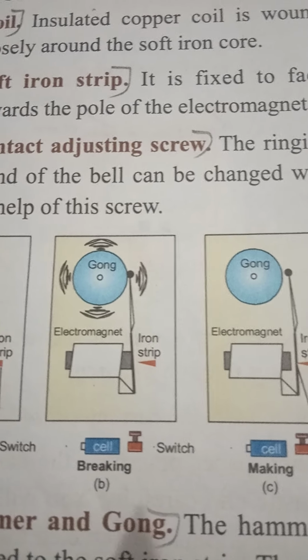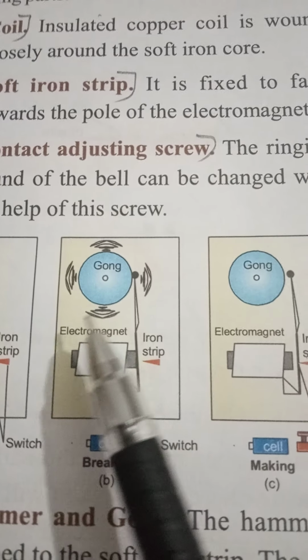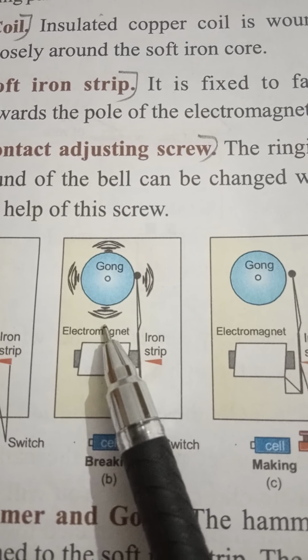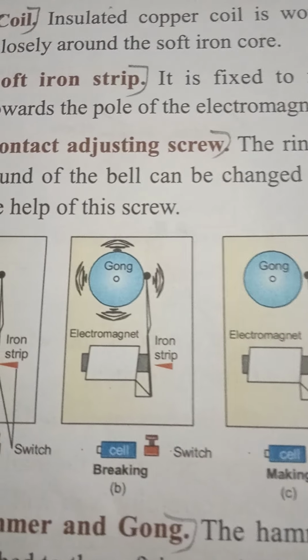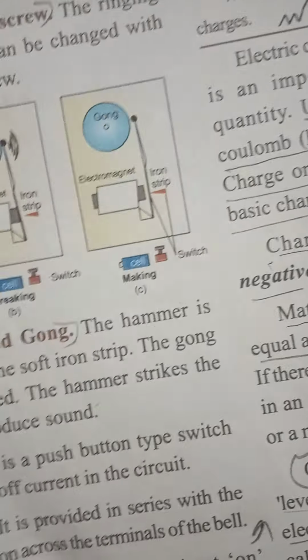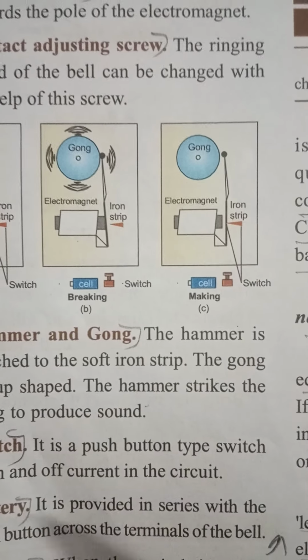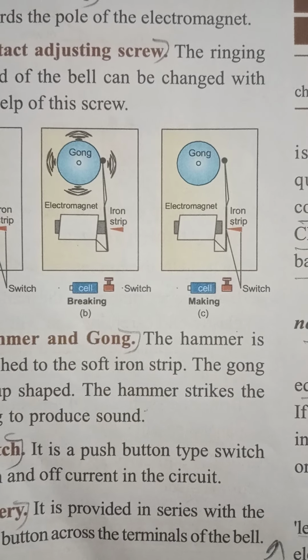When the switch is in the off position, the hammer loses contact with the metal strip and the electric current is broken. When it is in the on position, as I already told you, the electromagnet attracts the metal strip with the hammer towards it and they strike the gong and produce sound.